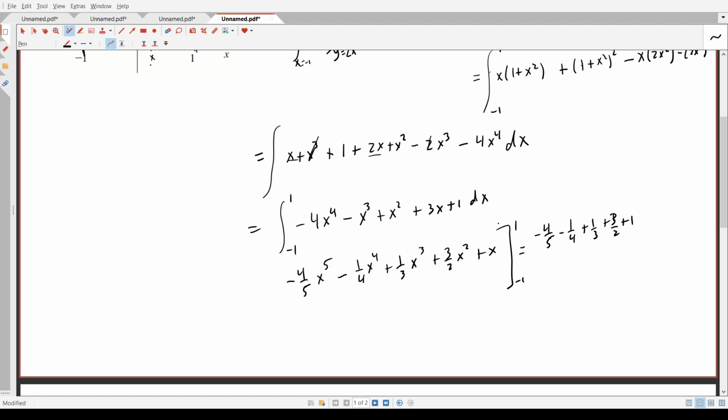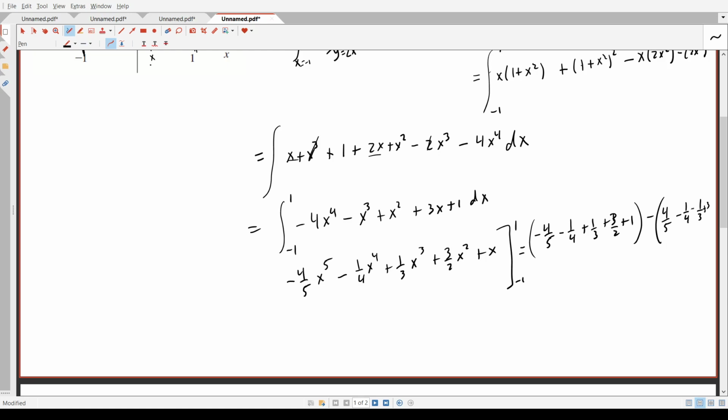Then we plug in, so it's minus, and then I'm going to plug in the negative. So let's see if I can keep all these straight. Actually, let's just do it this way. Minus. So plug negative into here, we get -1. So it's going to be positive 4/5. That's going to be negative 1/4. Negative 1/3. Plus 3/2.